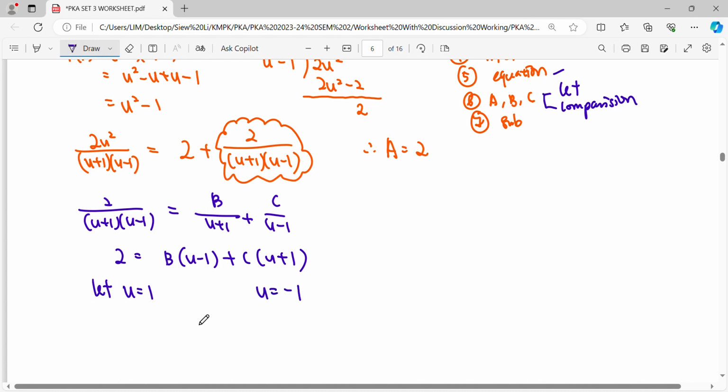Once we let u equal 1, we substitute inside. As long as your value comes from the factor, it is your root, it is your 0, you can eliminate that factor and find C. So when u is 1, you eliminate this factor and find C. C is 1. And then for the other root, u equals negative 1, you substitute and we get B.